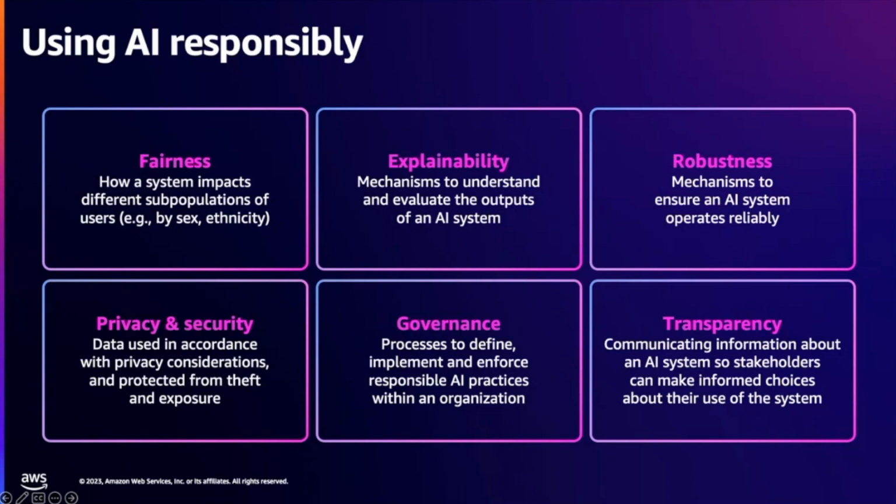But basically, we need to make sure the answer produced is relevant to what was asked, and whether or not there are hallucinations and things like that. And I'm going to explain how we can best implement this. Privacy and security, governance, and transparency are also really important points.